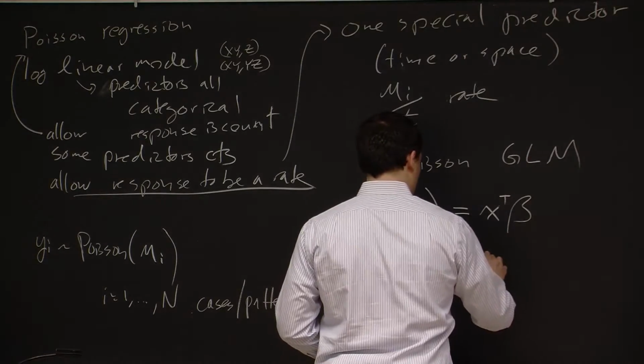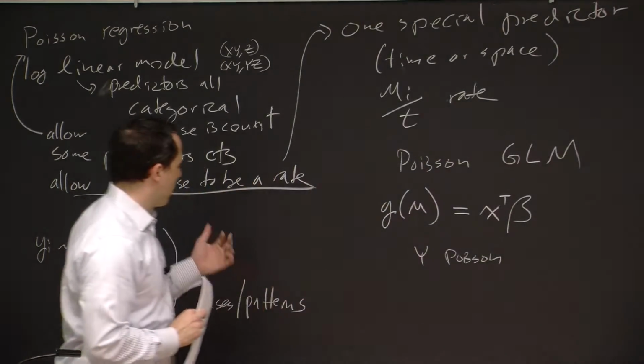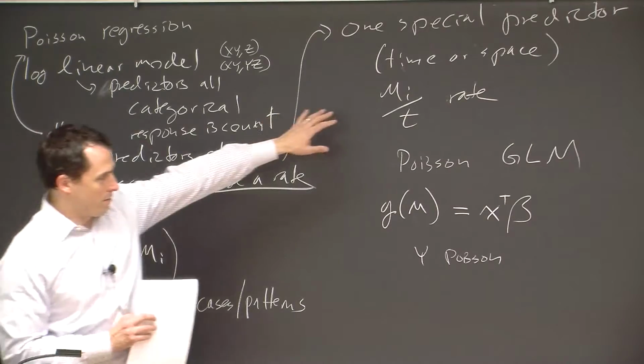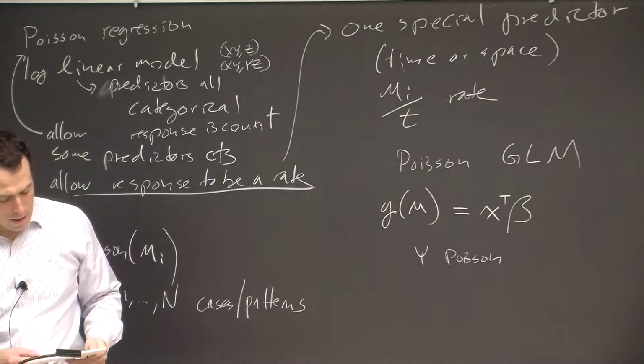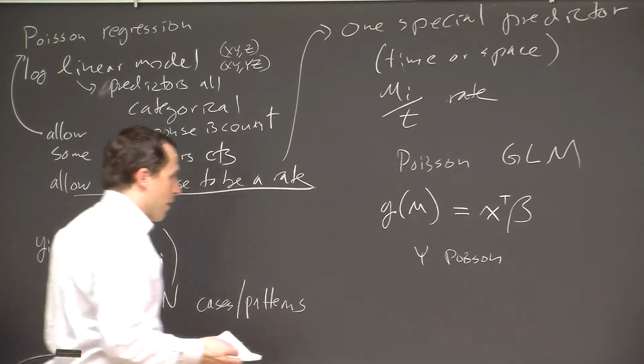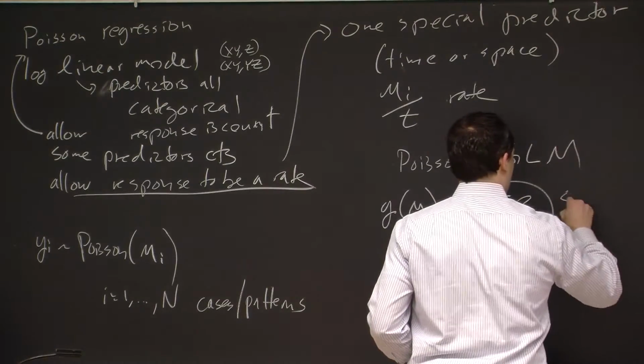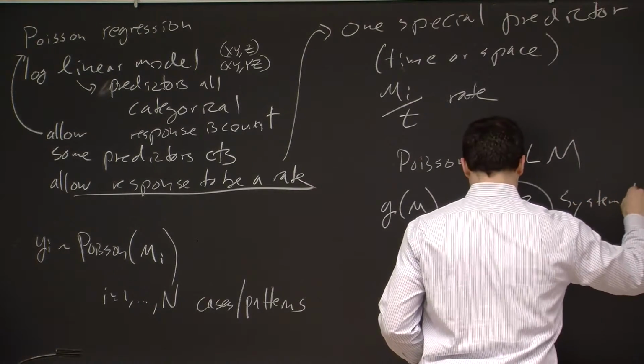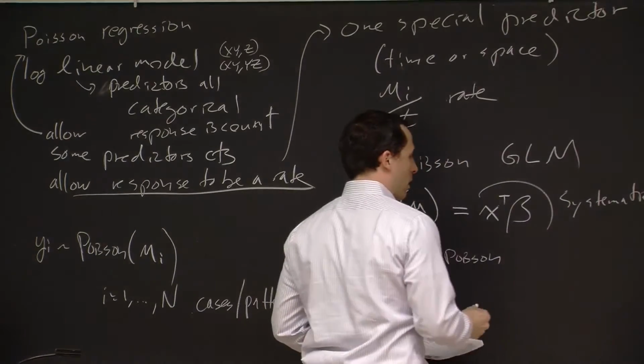We might think of it as being Poisson in terms of the counts or in terms of a rate if we want to correct for these times. This part is the systematic component, or the linear predictor.